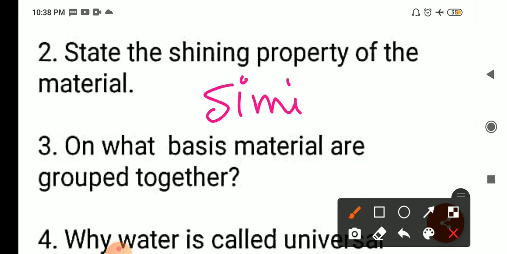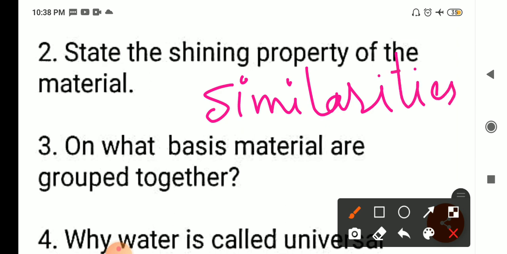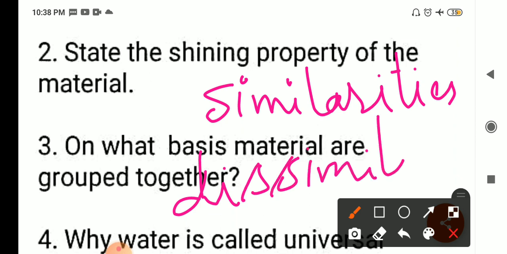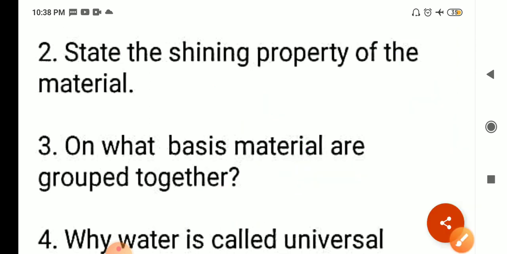The answer will be similarities. What will be the basis for the grouping? Similarities or dissimilarities. So it means those materials which are similar will be grouped together, and which are different or dissimilar, you have to separate them, right?